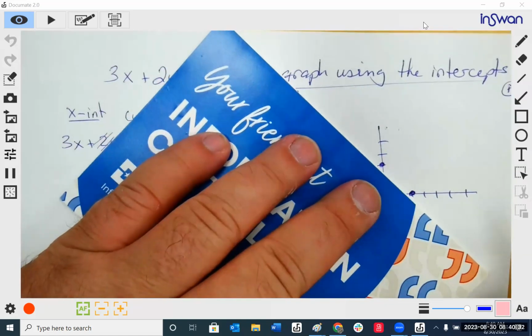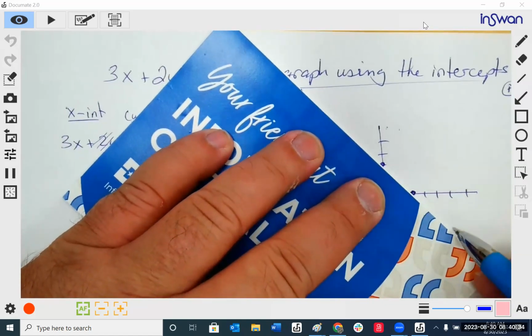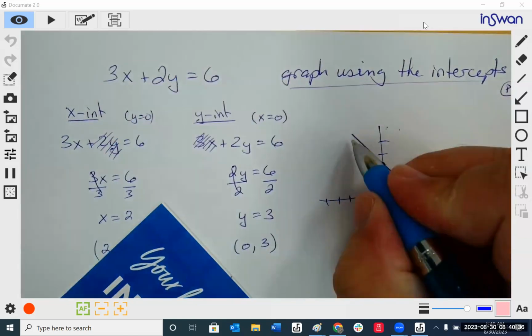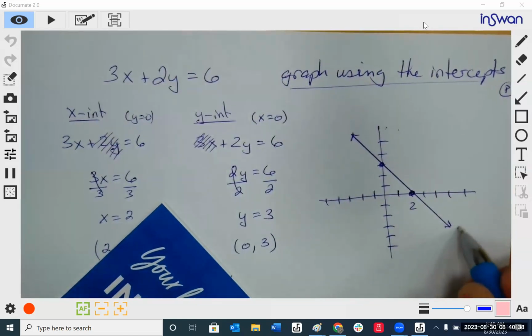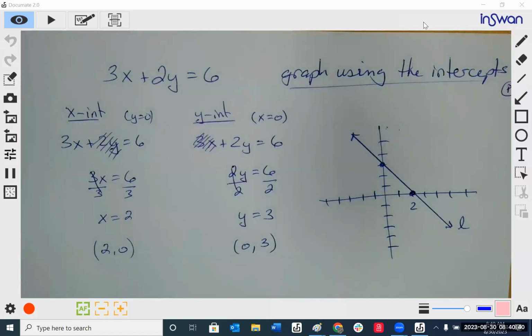And connect the dots. And there's your graph. So if the intercepts work, great. Plot them both and you're ready to go. But if one or both of these numbers aren't nice, then you can't use the intercept method.